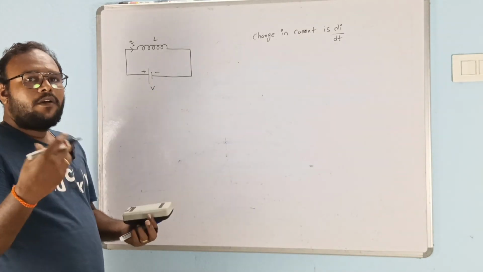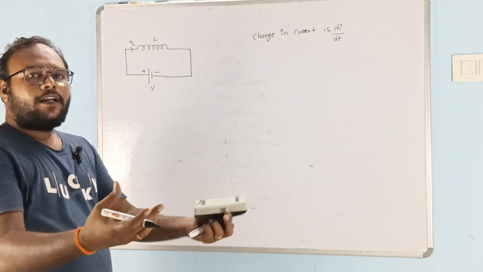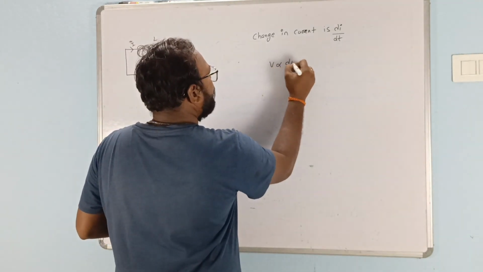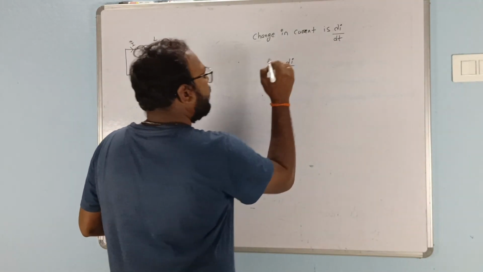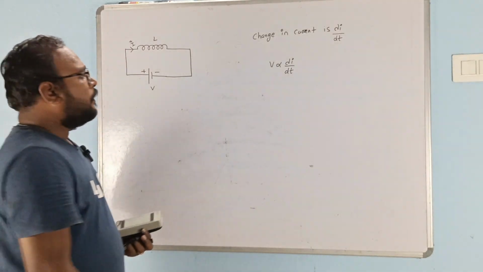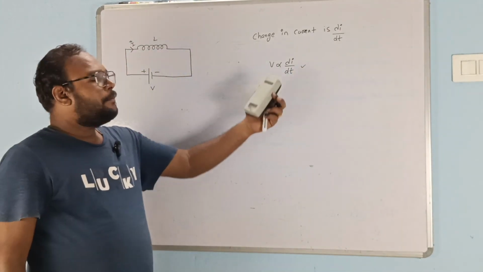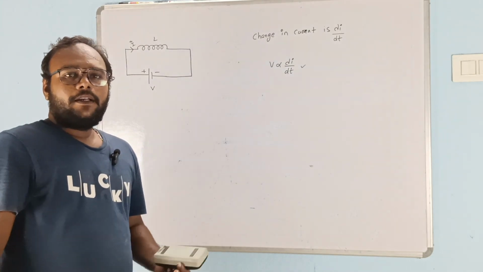Voltage is the force which makes the electrons move in the inductor. So V is directly proportional to di by dt. This is a very important expression.